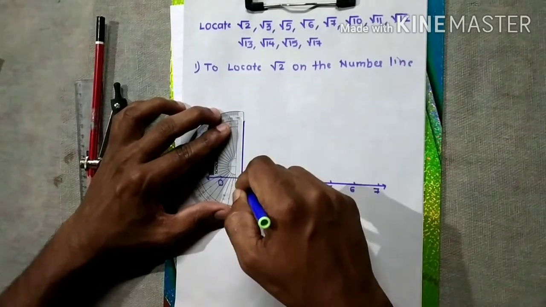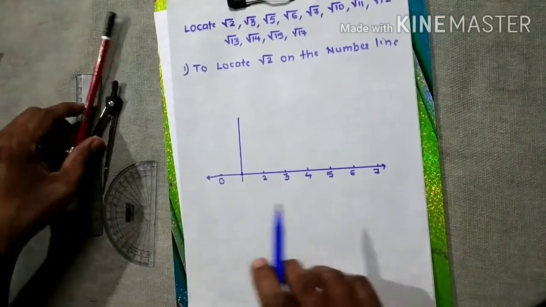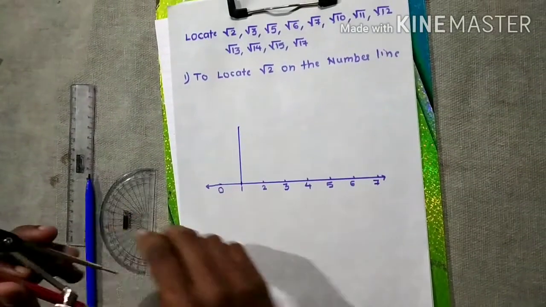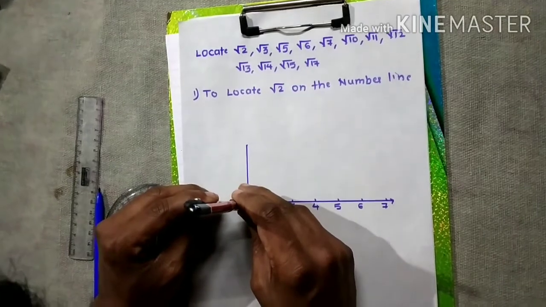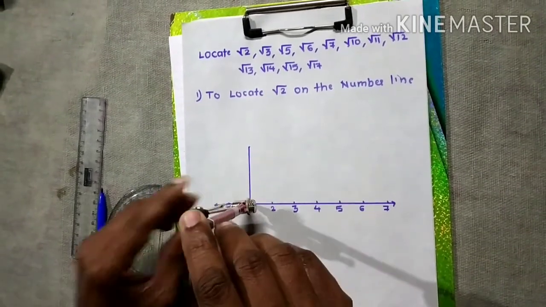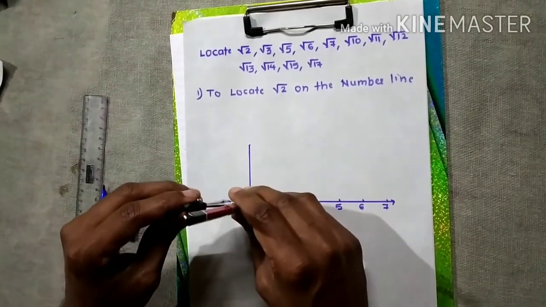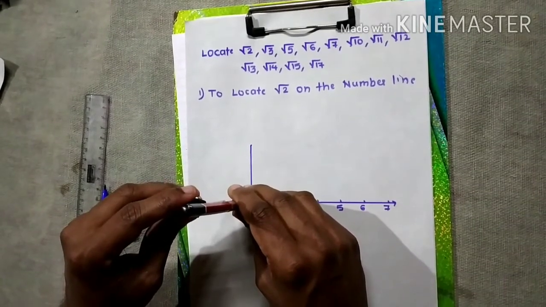Draw a straight line here. Then next, choose this distance of 1 unit. Exactly 1 unit you have to choose.